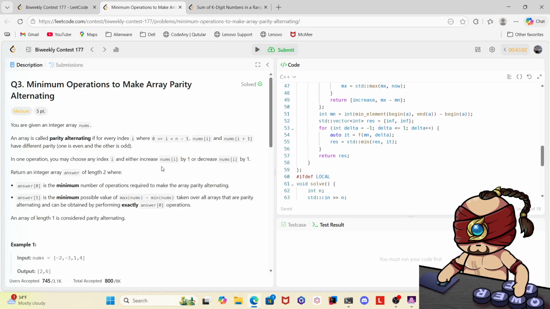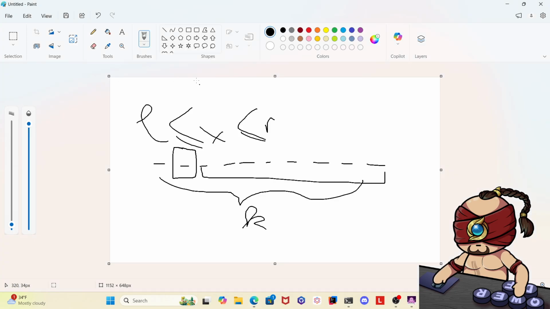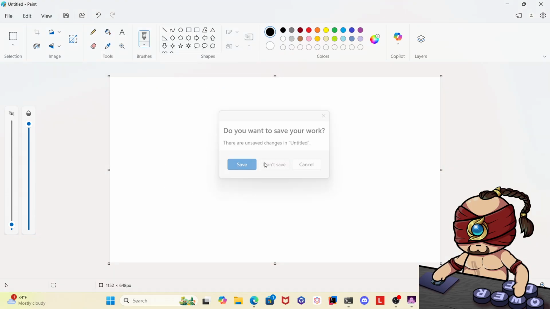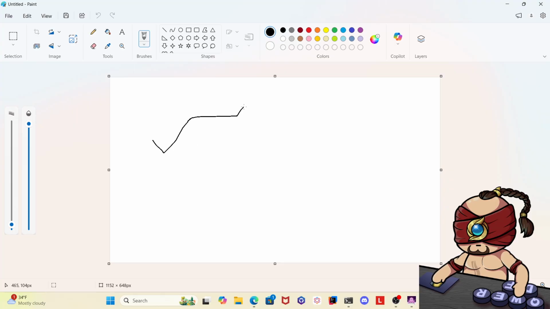Overall, basically you have this kind of array, right? I'm drawing a graph to represent the values. What you want to do is find the minimum to make them alternating.